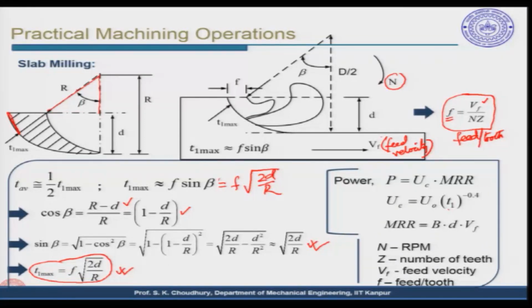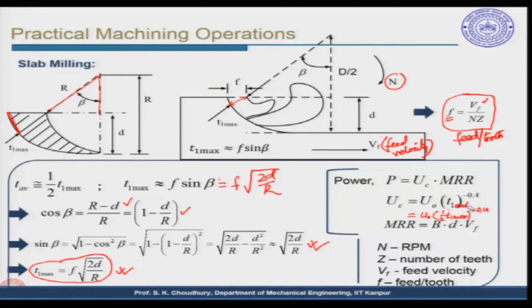T1 average is taken as half of T1 maximum, so this can be written as U_0 times half of T1 maximum to the power 0.4.